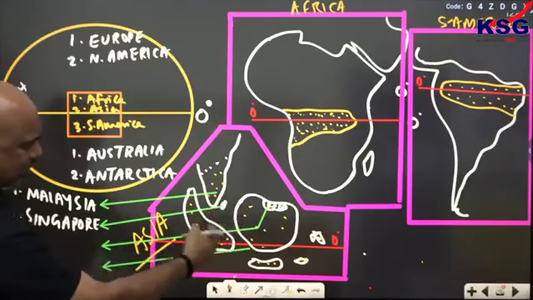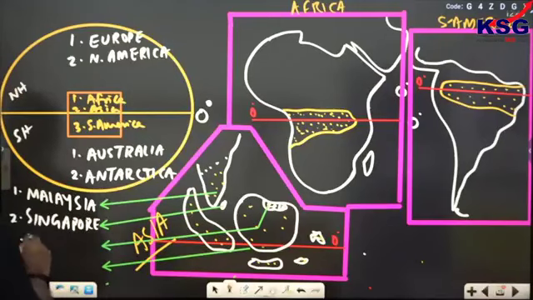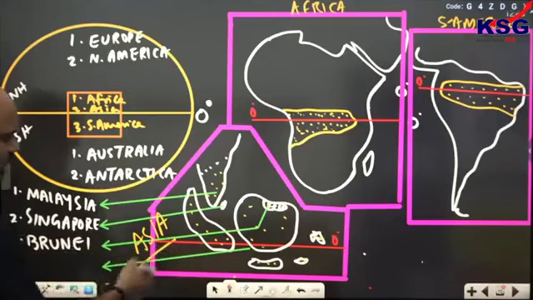You see this Singapore, and here is Brunei. Brunei is a country here, and here it is Indonesia.